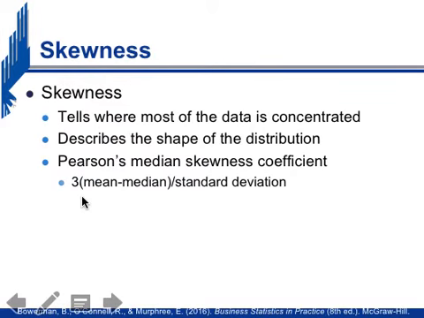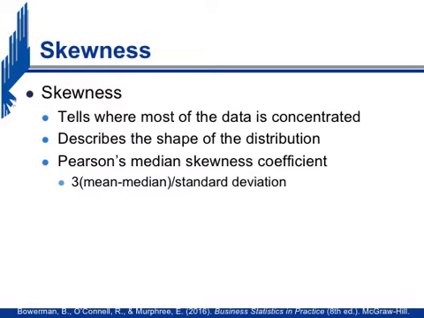And the computation is shown here. The formula is 3 times the mean minus the median, over the standard deviation. And the value of the Pearson's median skewness coefficient will tell us the skewness of the dataset, even if you don't have the graph.